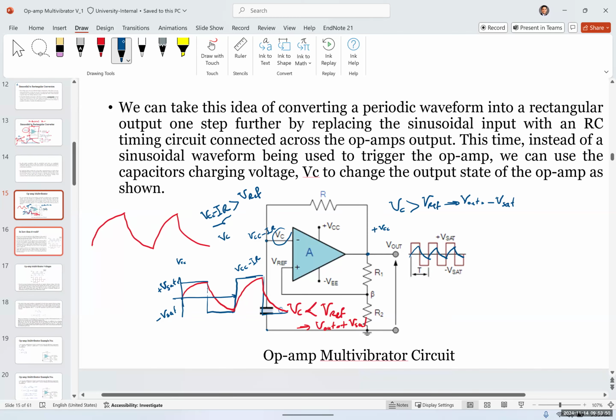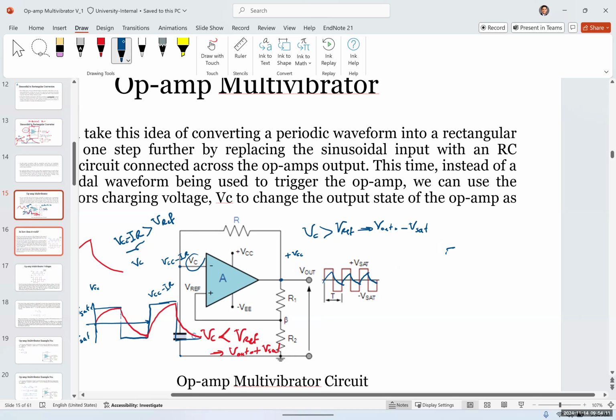In an RC circuit, the time for a capacitor to fully charge is equal to 5 tau, by the way. I think you know this already from circuit 2. And tau is equal to RC, which we call the time constant of the capacitor.